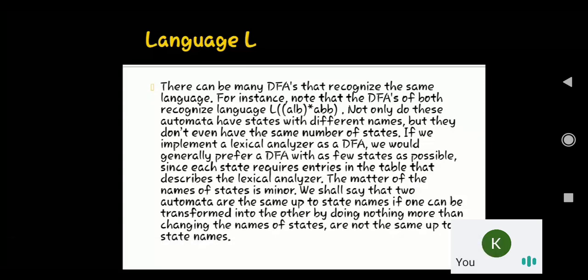In DFA 2, you have state names with some numbers. Okay. And then in both the states you have different count of states. In DFA 1 you will have just 5 states, and in DFA 2 you will have some 4 states. So out of these 2 DFA, we are going to prefer a DFA which is going to have minimum number of states. So that's going to be the thing.